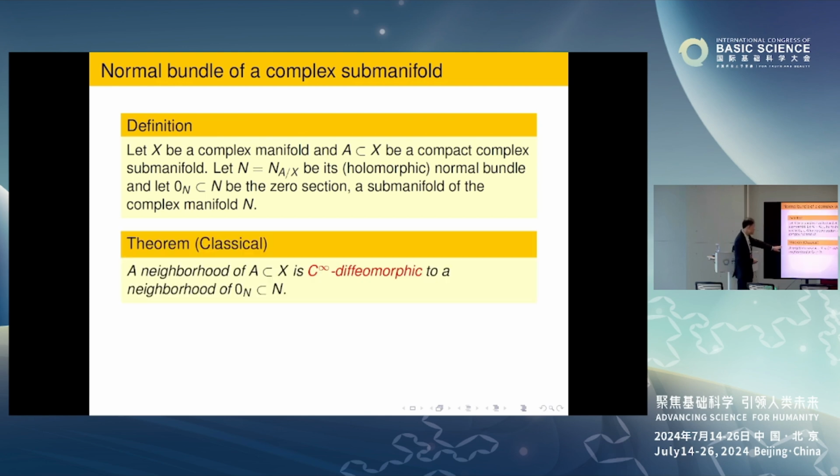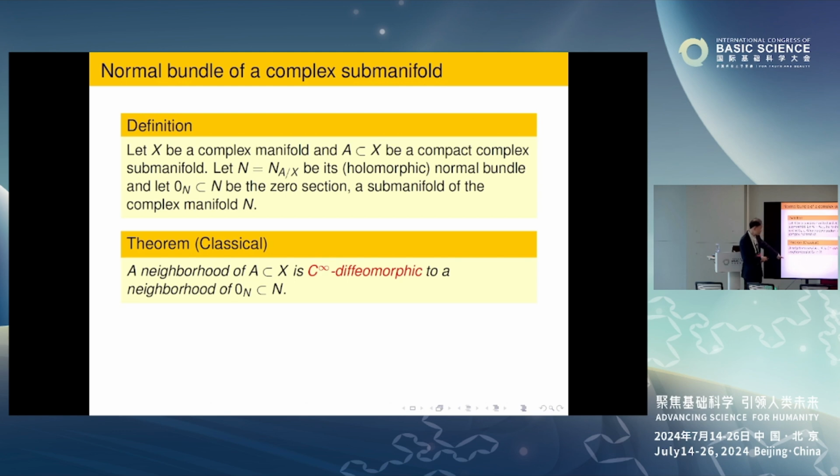Now this is a classical result from differential topology that there is a neighborhood of the compact complex submanifold which is diffeomorphic to some neighborhood of the zero section. This is not difficult to prove. In textbooks in differential topology you can find it.